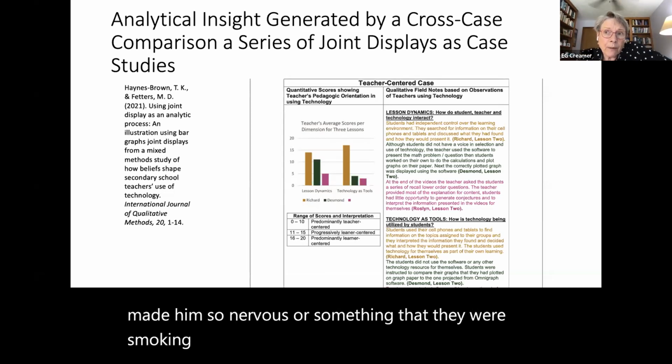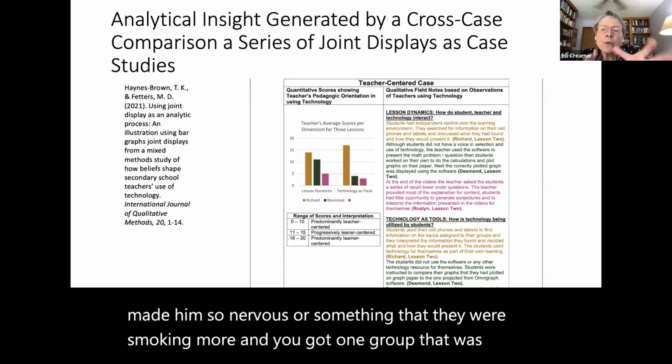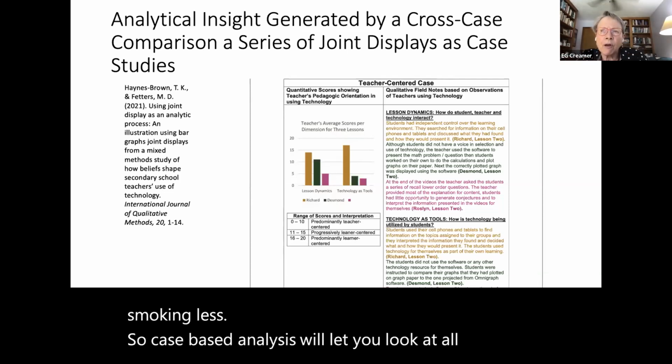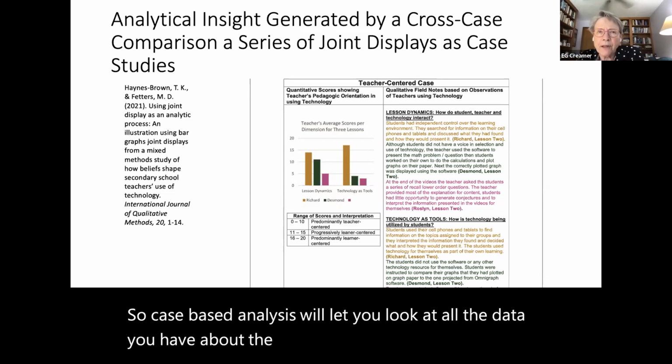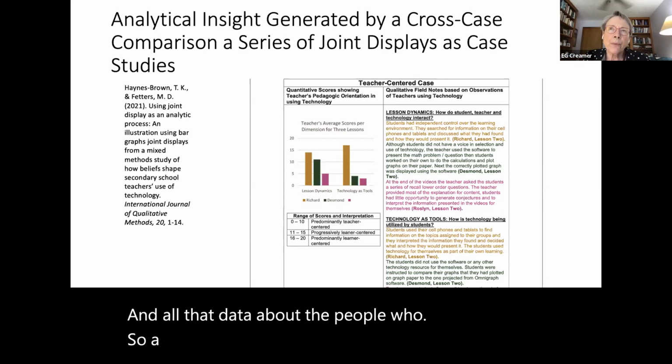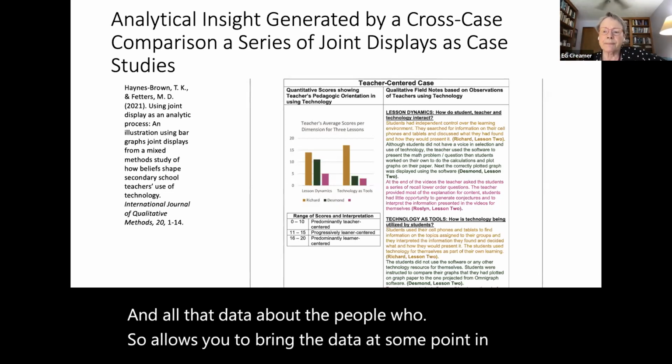And you got one group that was smoking less. So a case-based analysis will let you look at all the data you have about the people who benefited and all the data about the people who backtracked. So it allows you to bring the data together at some point in the analysis.